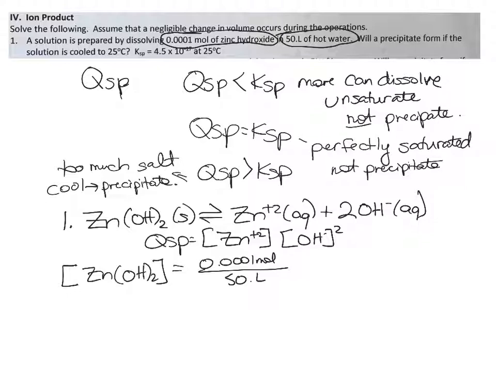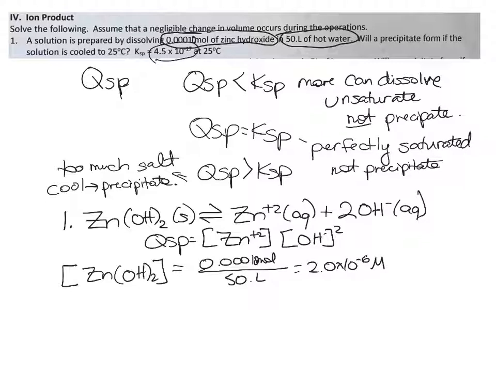And in the case of these, I'd like you to go ahead and add an extra 0 here so that we can keep the significant digits the same as we get in the QSP value above. So once we calculate the concentration, we find that it is 2.0 times 10 to the negative 6 molar solution. So we've got 2 times 10 to the negative 6 moles of zinc hydroxide.